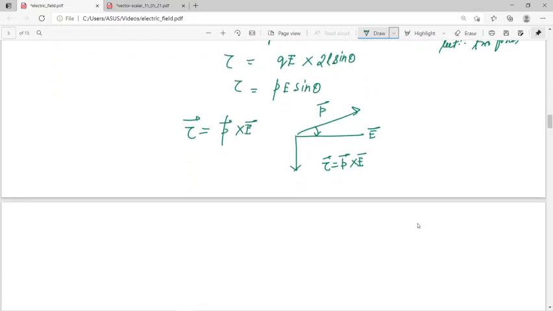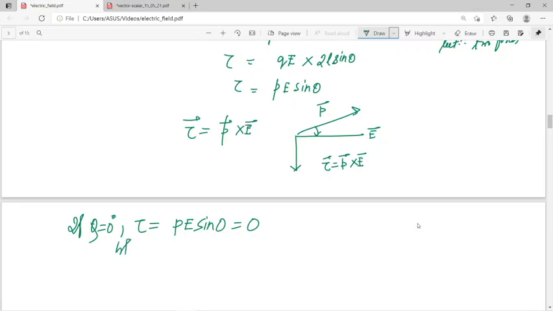And if the value of theta is 0, then this torque is pE sin 0, that means 0. That means when the dipole moment is parallel to the electric field, no torque acts on the dipole.